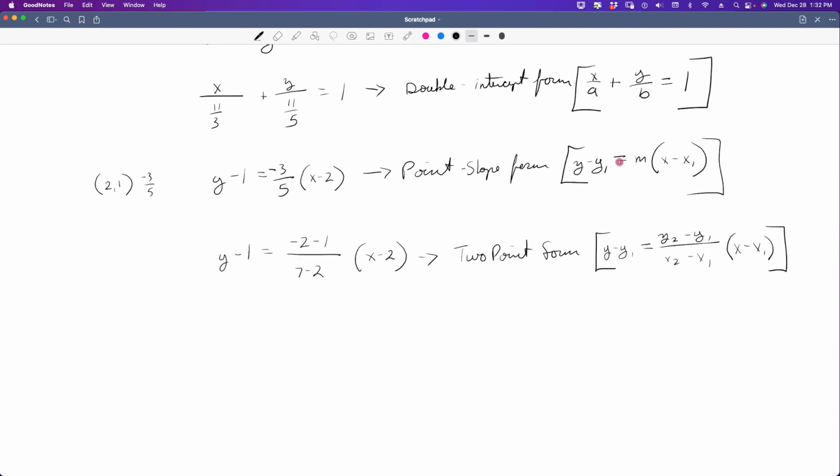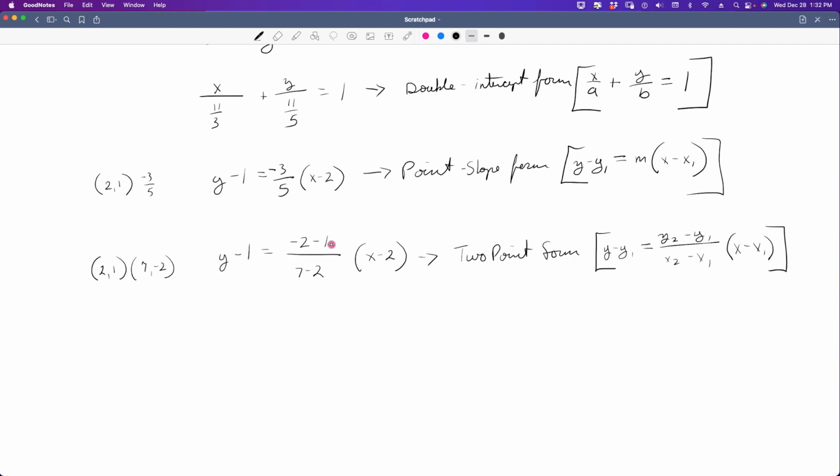So these two are very, very similar. The only difference is, instead of giving you a point and slope, they're going to give you a point and another point. And in this case, that's going to be 7 and -2. That's your x2, y2. And this is your x1, y1.